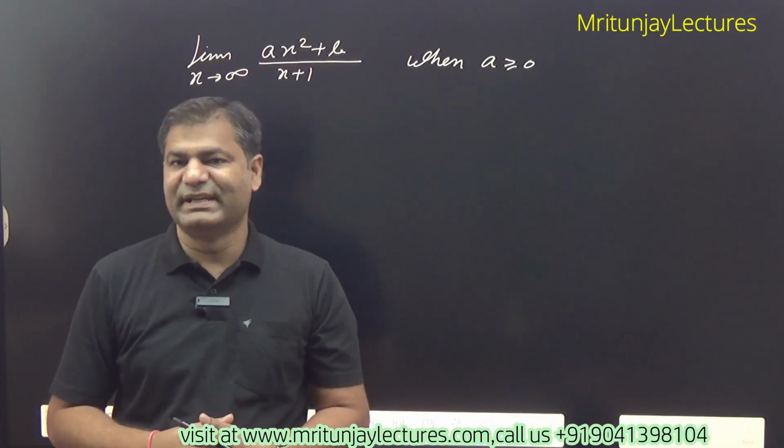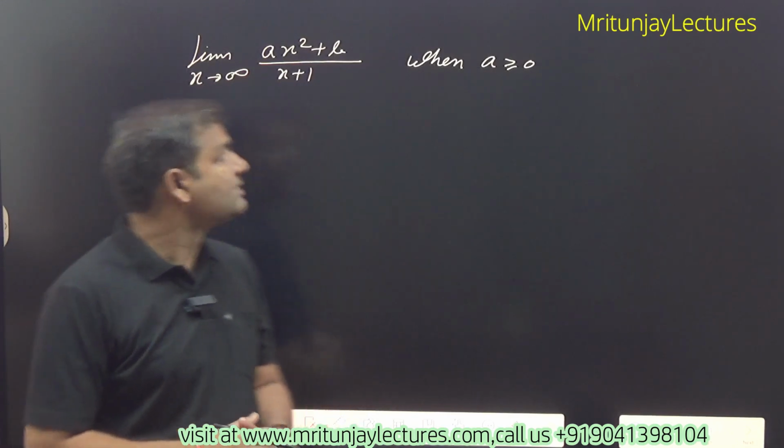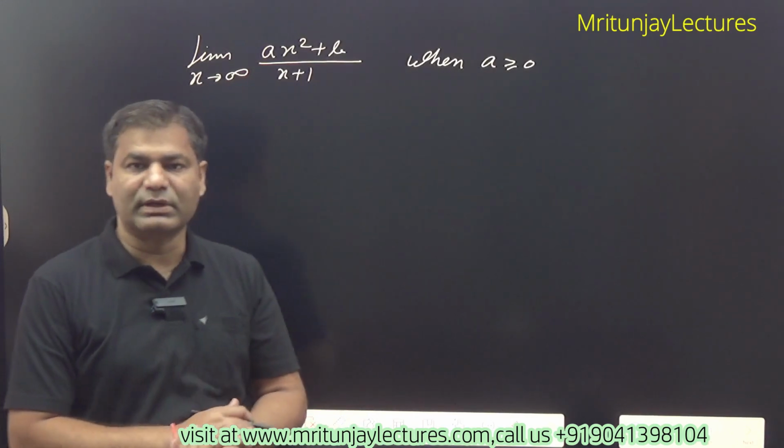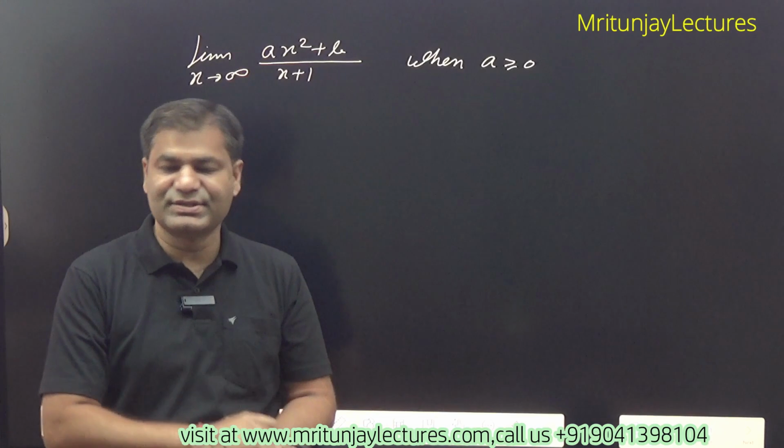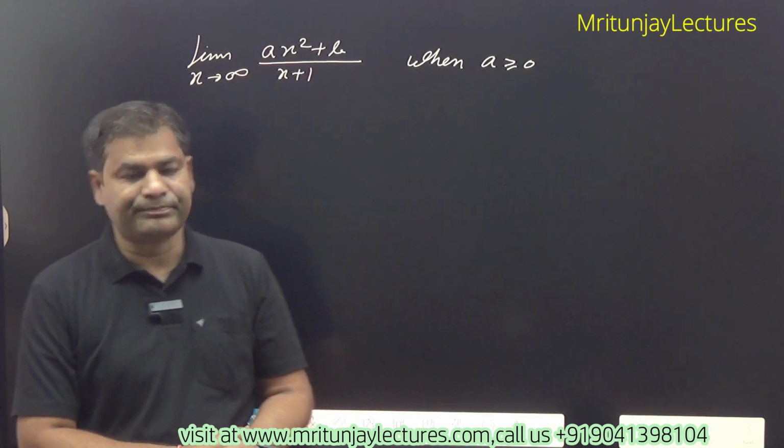Now the question: limit x tends to infinity, ax square plus b divided by x plus 1, where a is greater than or equal to 0. Now here there are two possibilities.